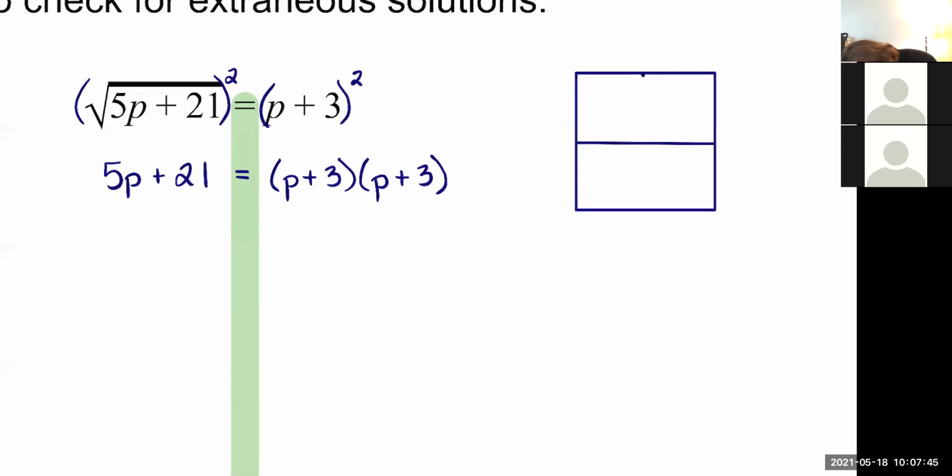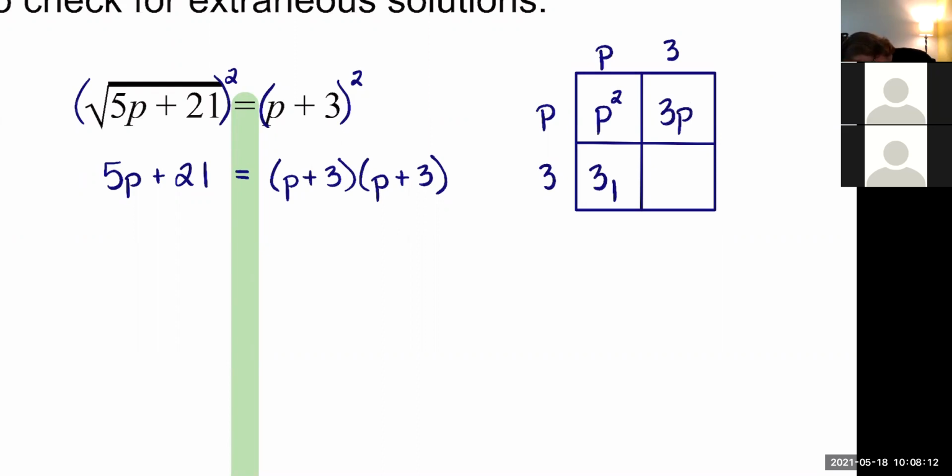Same 2 binomials, so we'll have p and 3 labeling our rows, p and 3 labeling our columns. I like to start in the top left corner. What's p times p? p squared. Going to the right, p times 3, 3p. 3 times p, another 3p, and then 3 times 3, 9.